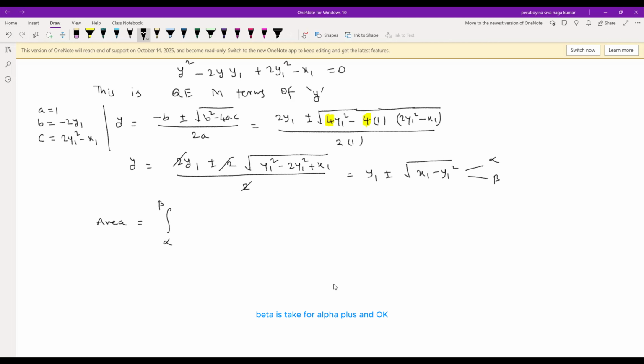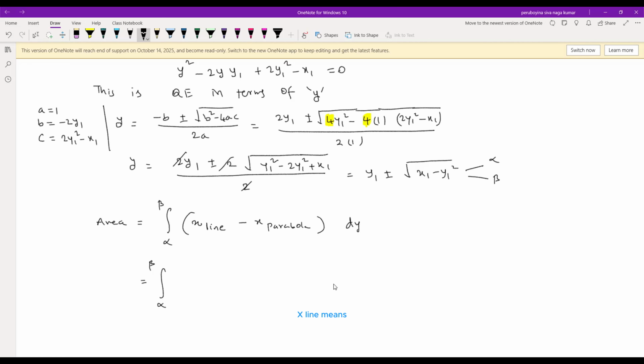The area is the integral of x line minus x parabola dy, from alpha to beta.